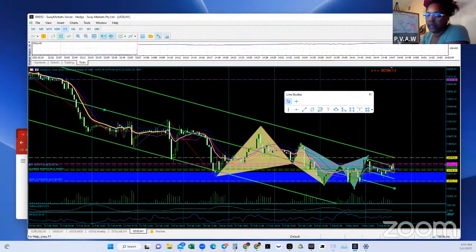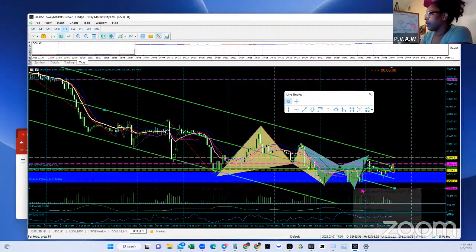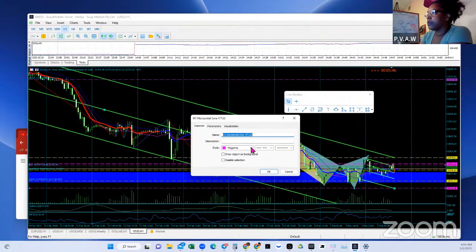So, H1 chart, what I explained to them, I said, we made a bullish Gartley. Bam, this is it right here. And I said at 33555.85. That's where we're at. Properties. Let's change this to orange red.